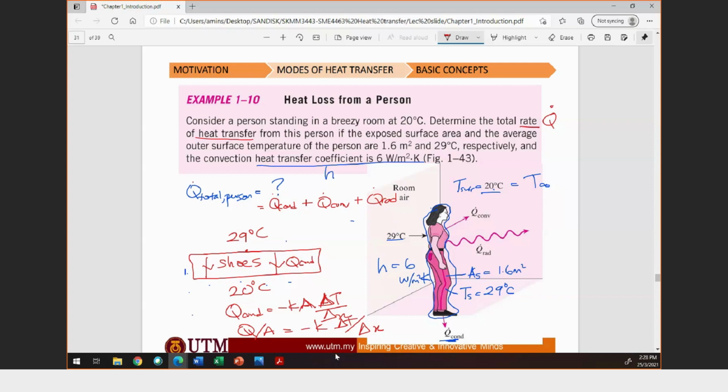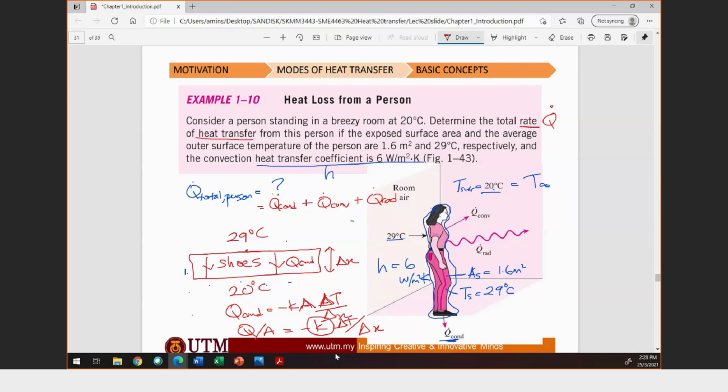You know the thickness of the shoe is your delta X. But what is the k value for the shoes? Normally it's rubber.